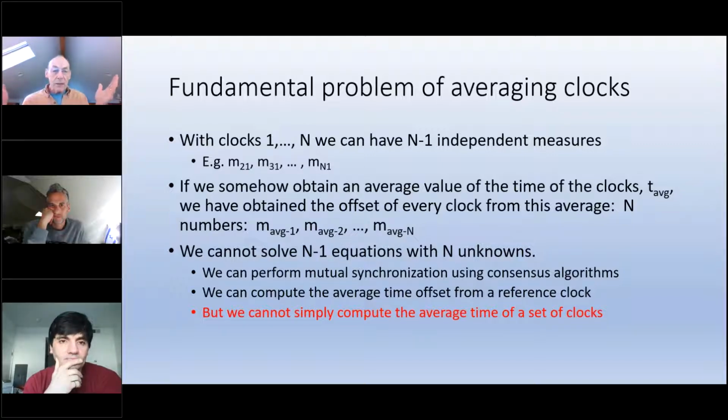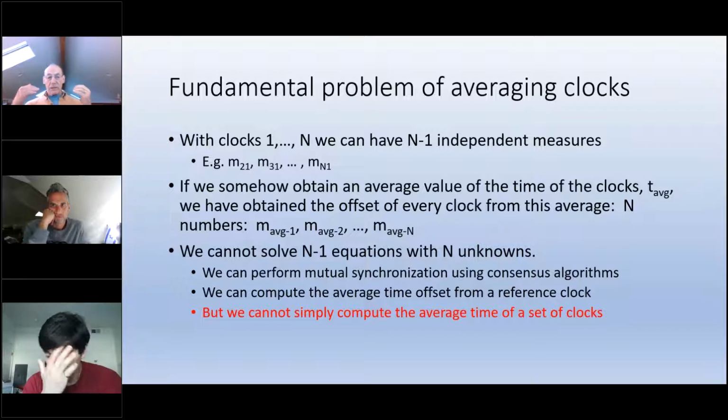There's nothing there. So you have n minus 1 independent measurements. But to take the average value of the time of clocks, to get a number that says here is the average, the output of this is going to be the average against all the clocks. You get n numbers. So you can't solve n minus 1 equations with n unknowns.